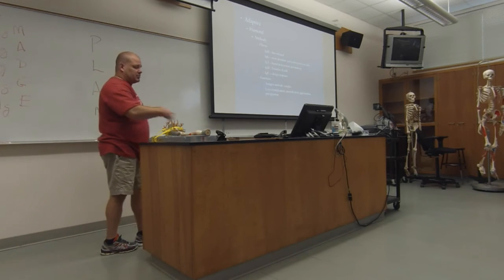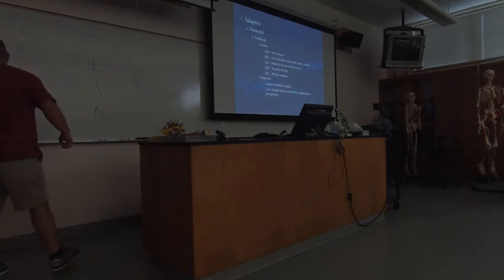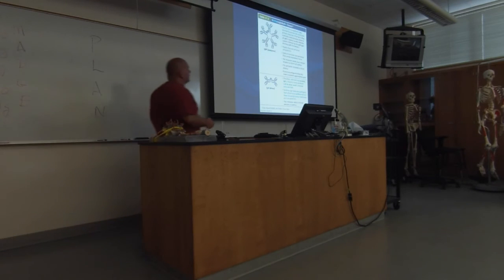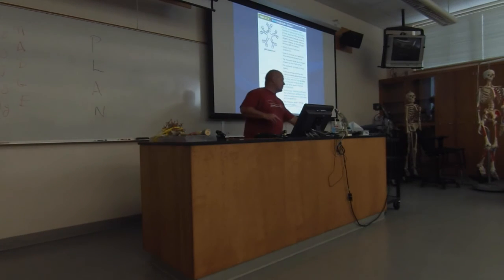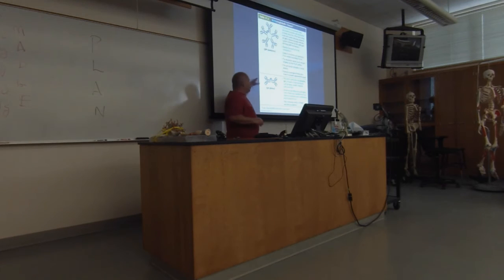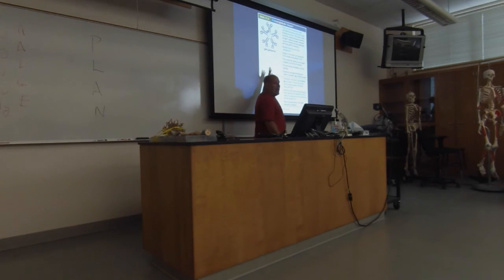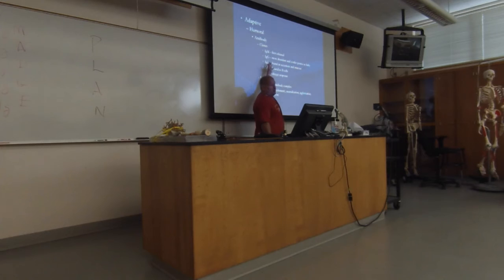I'm going to show you these pictures here just so that you can get an idea. In your book, you have a table, and the table is going to show you all the classes, so IgM, IgA, IgD, IgG, IgE, and it's going to tell you what their primary role is, which is in blue. Those are the important ones, but I would probably stick with these and just add to the ones I told you, which again, IgG is going to be the second exposure, but it's also going to show up at the very end of the first exposure.